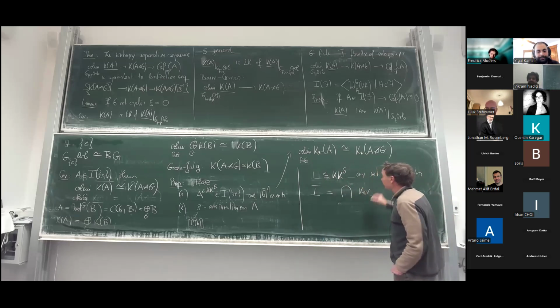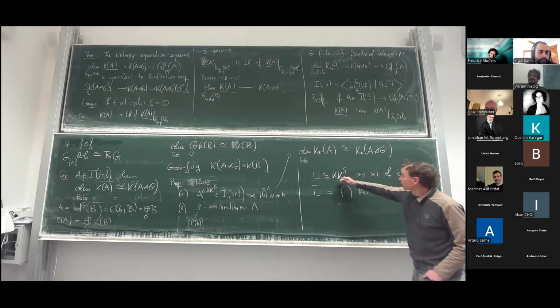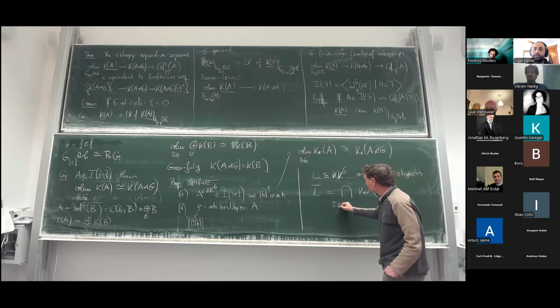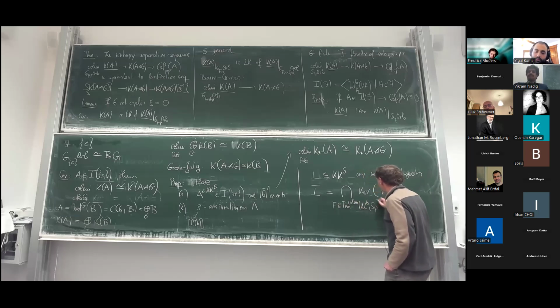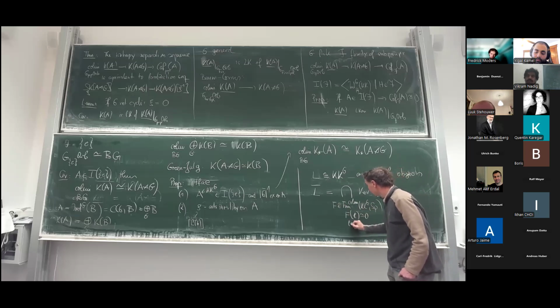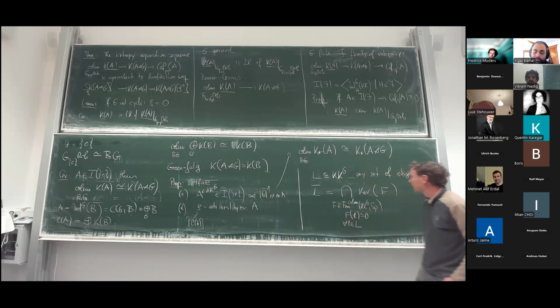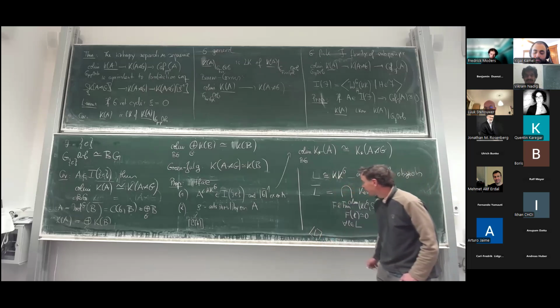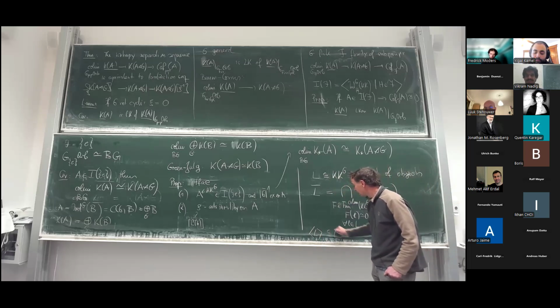I define a localizing subcategory of KK^G of all objects for which, for all colimit-preserving functors from KK^G to spectra, the property is that they annihilate L. Note that the localizing subcategory generated by L is contained in this.